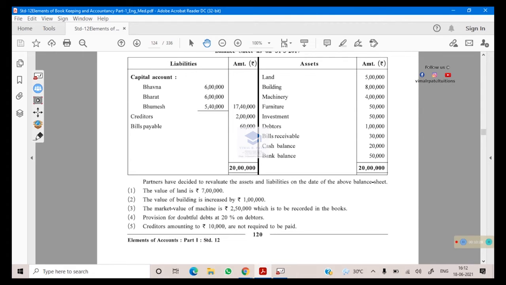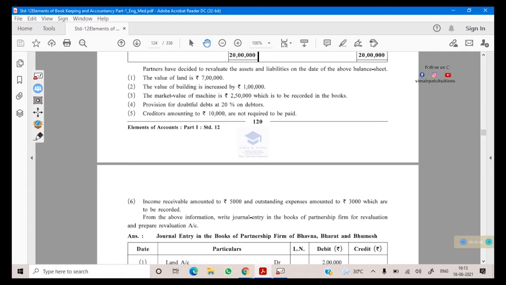You are paying less amount as compared to what you are supposed to pay. Income receivable amounted to 5,000 and outstanding expense amounted to 3,000, which are to be recorded. From the above information, write journal entry in the books of the partnership firm for revaluation and prepare revaluation account.